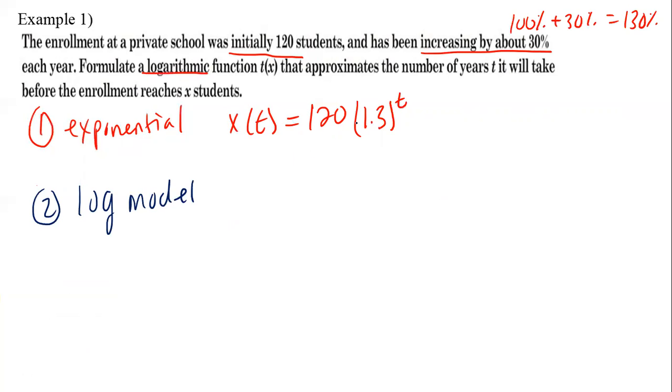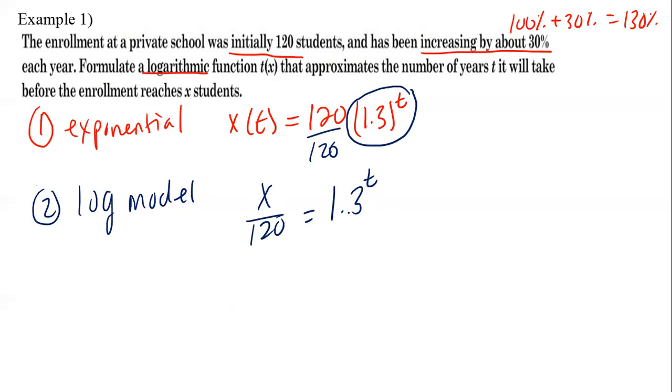Well, we got to get t by itself. So in order to get it by itself, we need to move everything outside of the exponential. So what needs to be moved? 120. How do you move 120? It's multiplication, so the opposite of it is division. So we're dividing x by 120. So we have x divided by 120 equals 1.3 to the t.